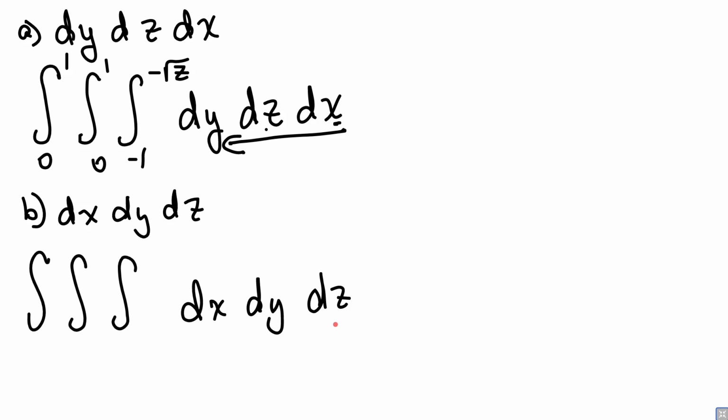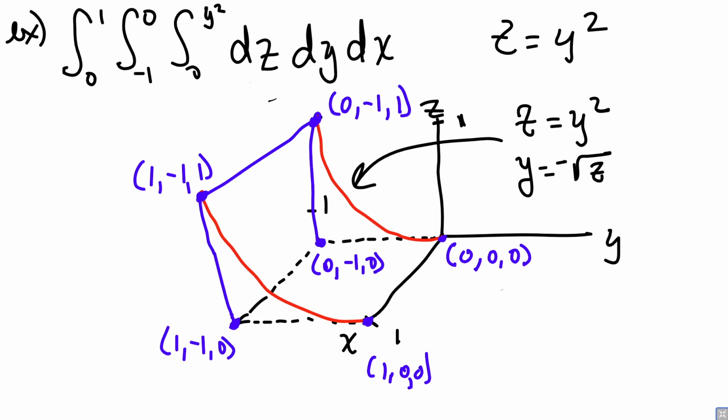Okay, so we're starting from the end and working our way in. Now z is last, okay? So since it's last, we need it to have numerical values. So what would be the numerical values that we can use for z? So lower to upper. Zero to one.